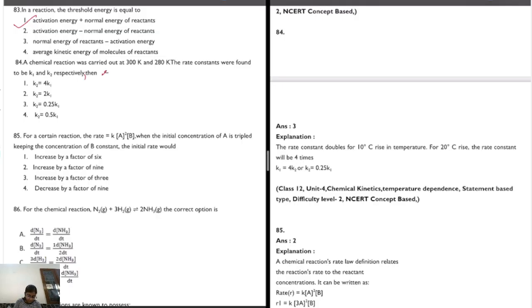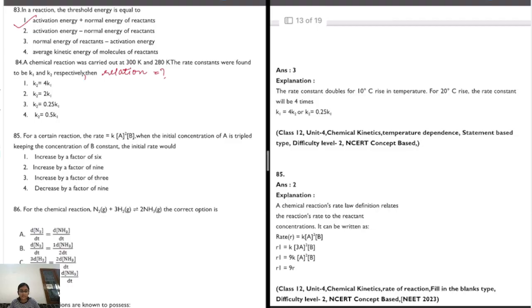So you can do it like so. We know that for every 10-degree increase in temperature, the rate constant will be doubled. For a 10-degree change, the rate constant is two times.